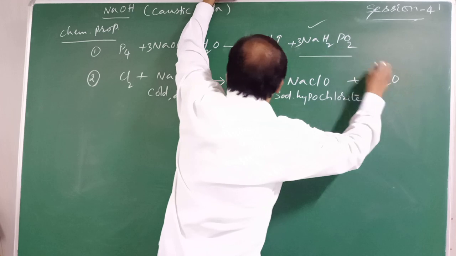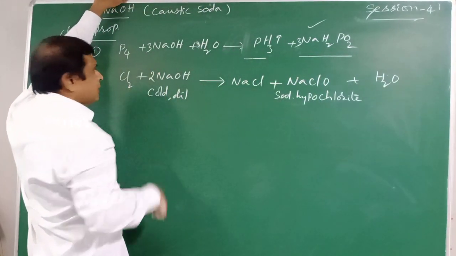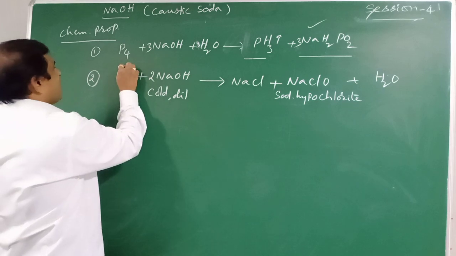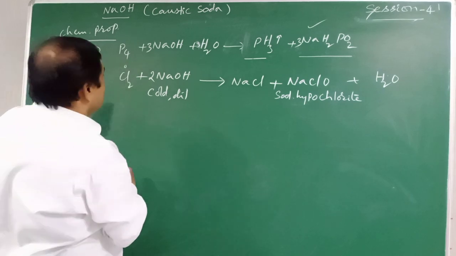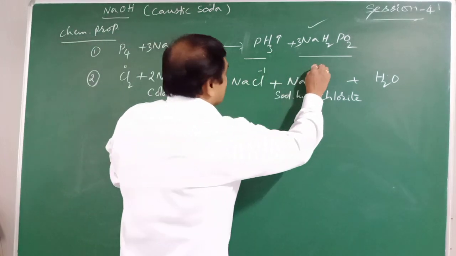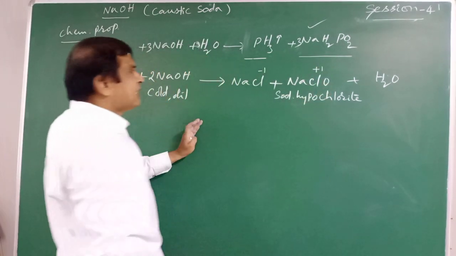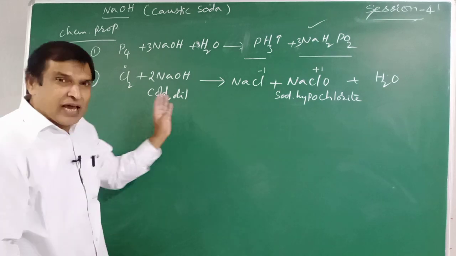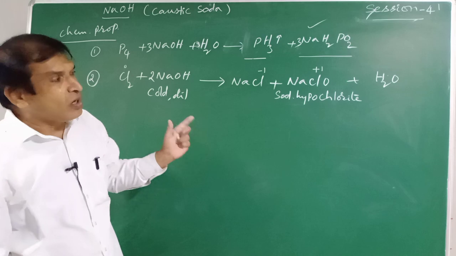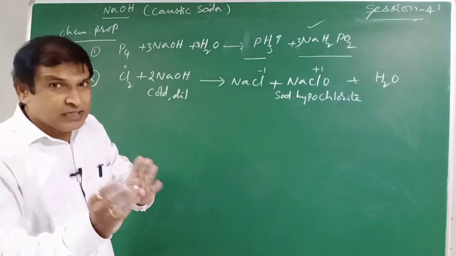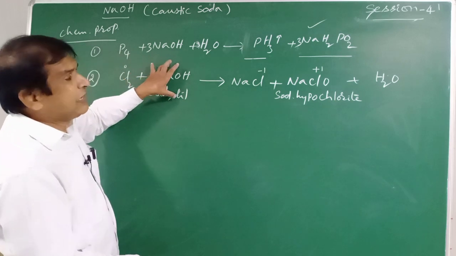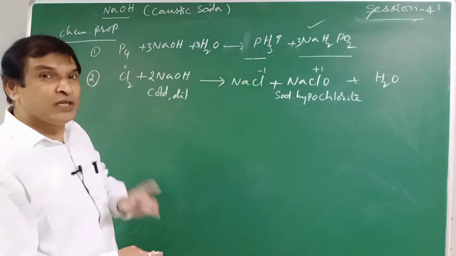Balance the reaction: 2 NaOH. It is a disproportionation reaction, because the oxidation state of chlorine decreases in one product and increases in another. What is meant by disproportionation? It is a redox reaction in which a single element undergoes both oxidation and reduction. The reaction of chlorine with sodium hydroxide is a disproportionation reaction.